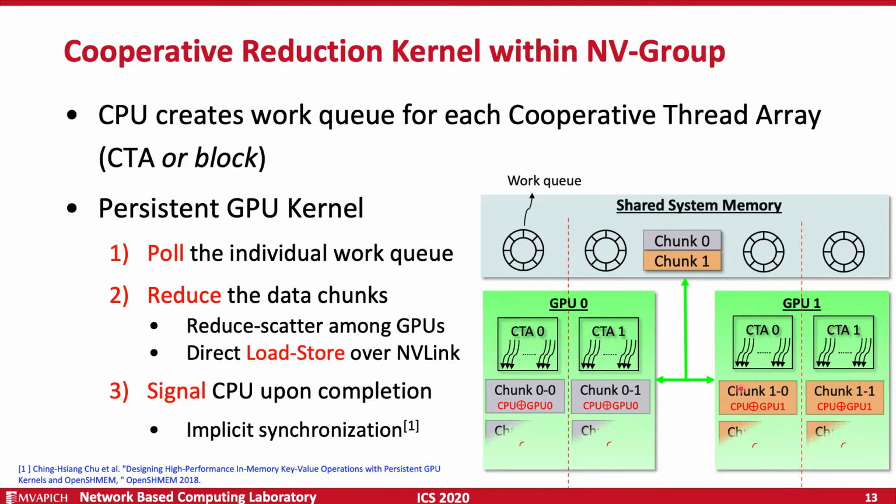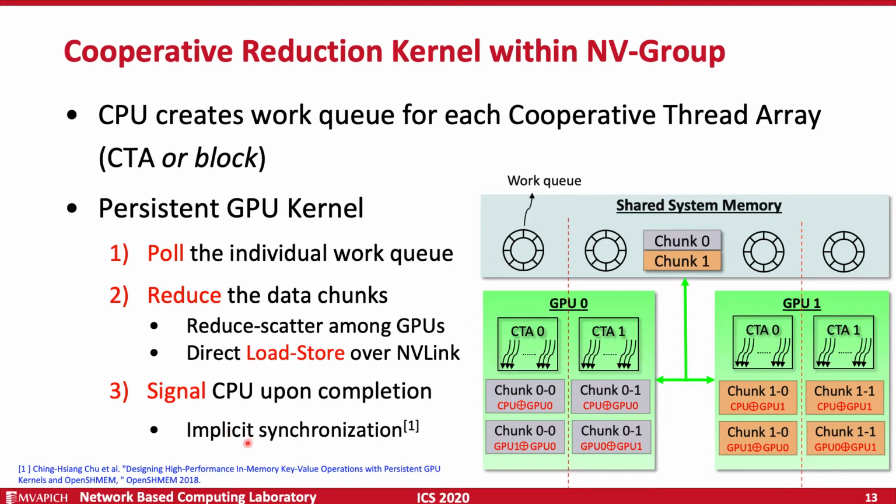Then in the next step, we keep doing that because you still need the data from another GPU, so you can load the data directly from GPU 1, do a reduction locally, and store the data on GPU 0. So it's totally load/store directly over NVLink, which is high performance. Once you are done, this CTA will signal the CPU using this work queue again.